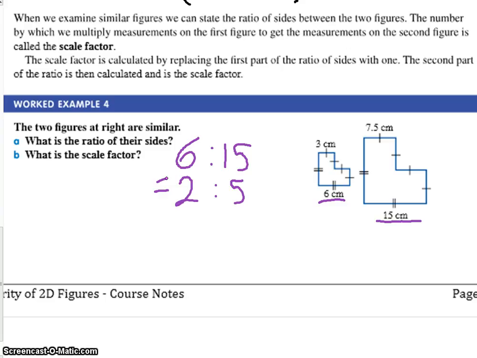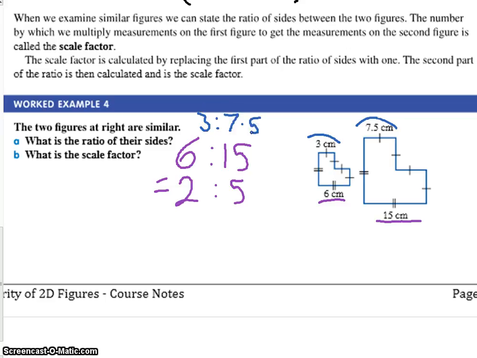Couldn't it be 2 to 3? No. 3 to 15? But 3 is not the corresponding side. You've got to use the corresponding sides. The corresponding side for 3 is the 7.5, so you'd have to do 3 to 7.5.